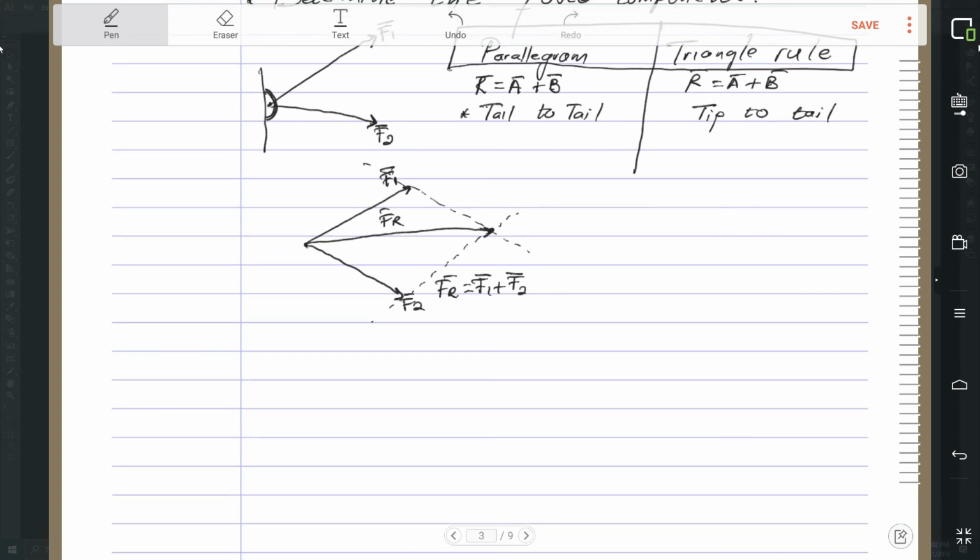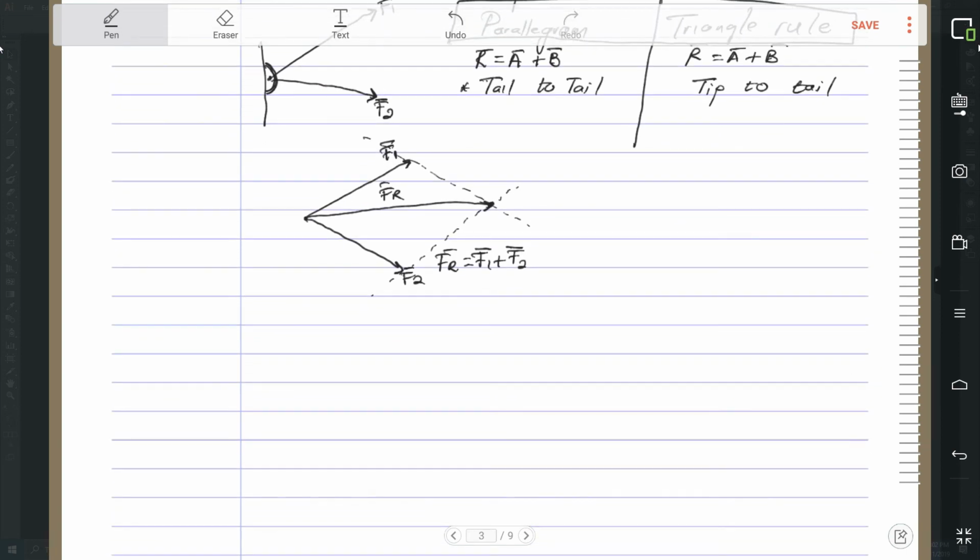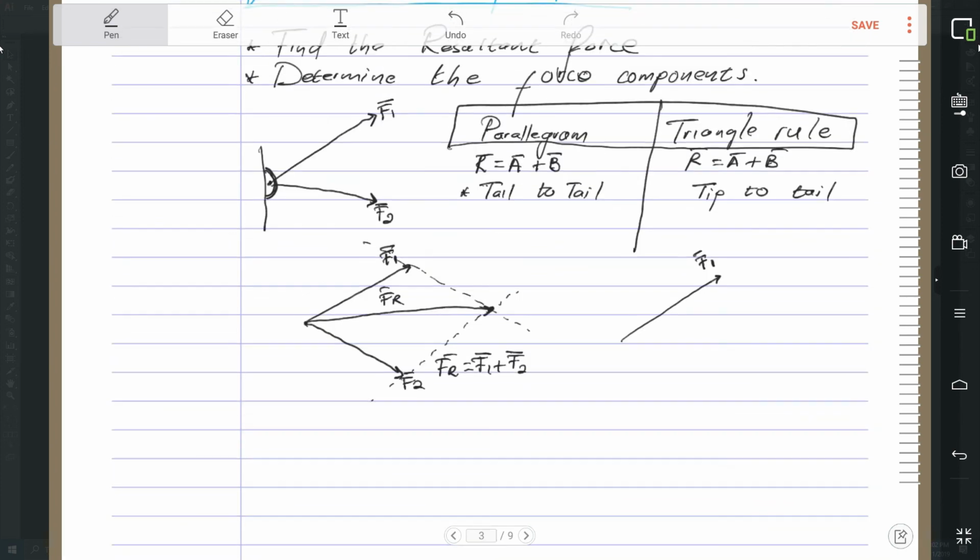That's your parallelogram rule. So now let's do our triangle rule. So we're adding F1 to F2, right? We're finding the resultant force. So what you'll have is that if you have your F1 right there, so now I need to draw the tail of F2 starting from the tip of F1 because it's tip to tail, right?